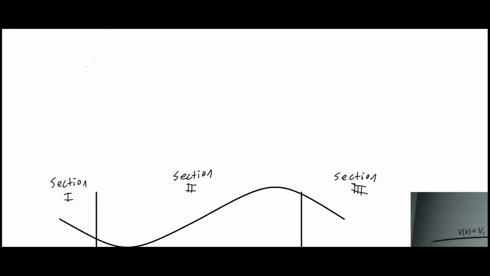Alright, in this video I want to talk about the finite rectangular well solutions for the Schrodinger equation. And I don't want to spend too much time on this because these rectangular well solutions don't have any real physical meaning.